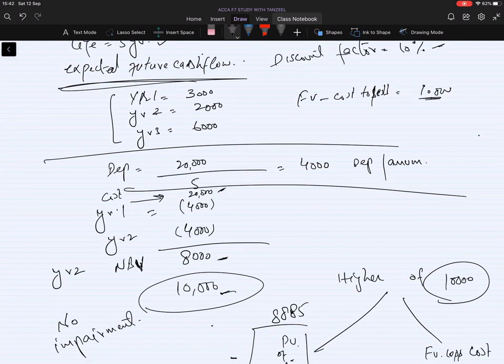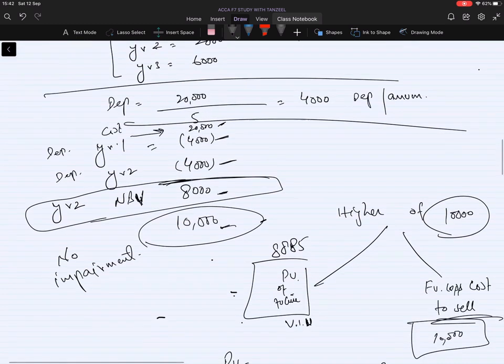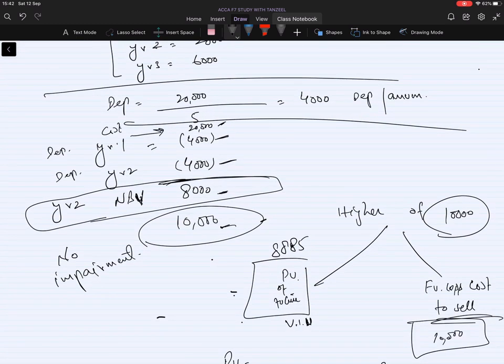Cost is 20,000. After year 1, 4,000 is depreciation for year 1, then depreciation for year 2. The net book value after year 2 is 8,000. Okay, and now we need to calculate the impairment.